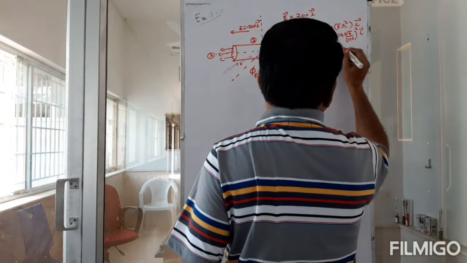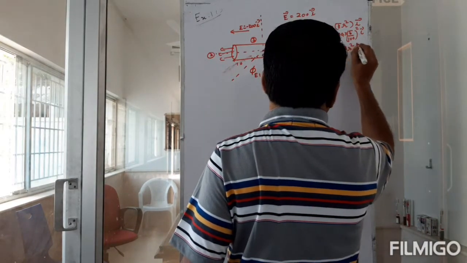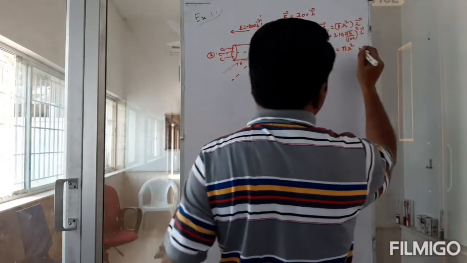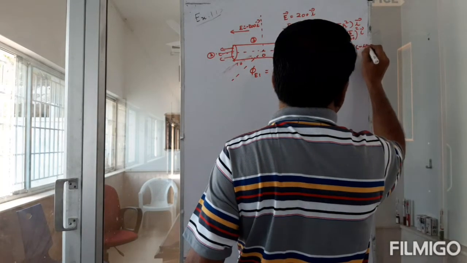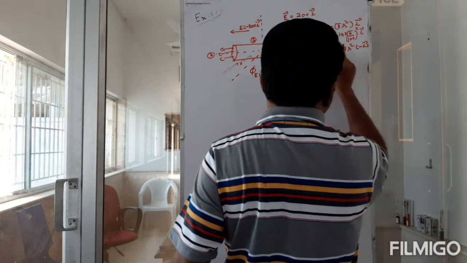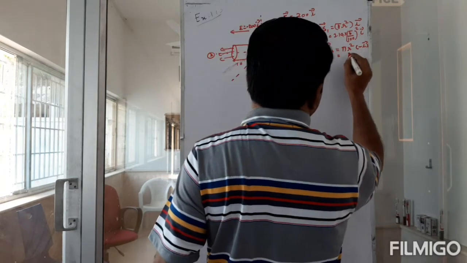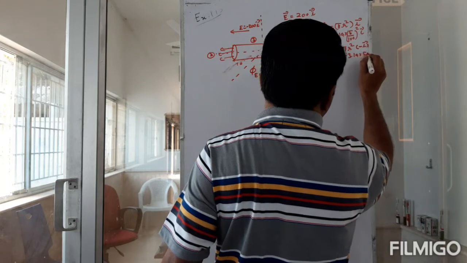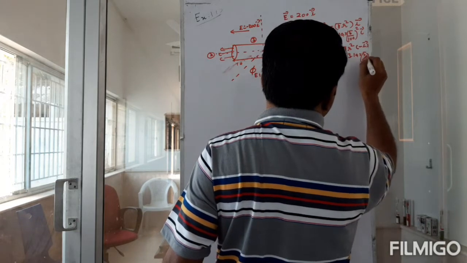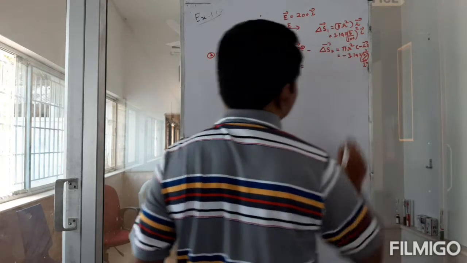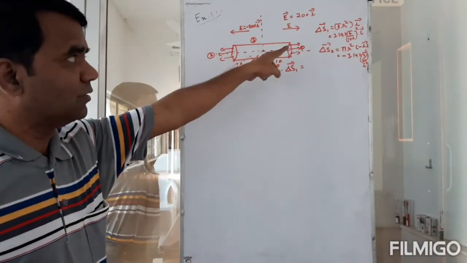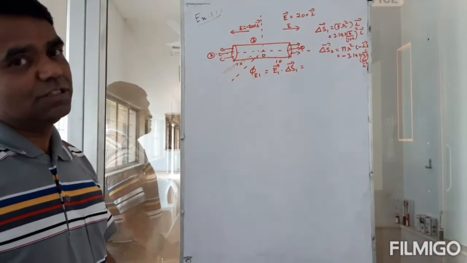So, delta S2 has the same magnitude pi r squared, and it's going to be in the minus i direction. So, the delta S2 vector is actually minus 3.14 into 5 by 100 squared i vector, the negative direction. So, you got delta S1 and then delta S2.